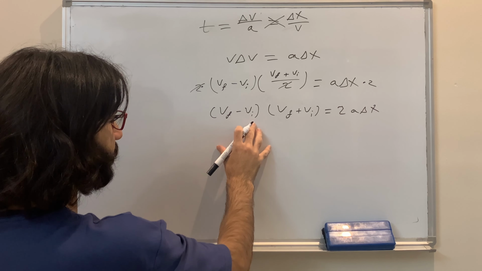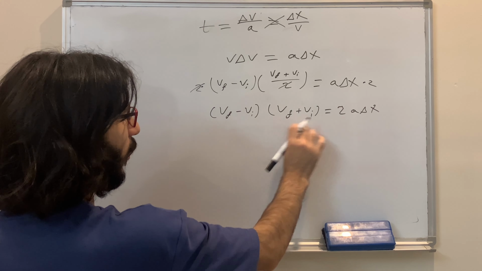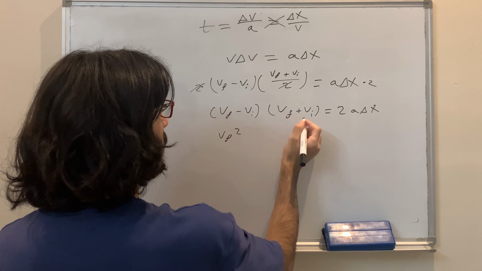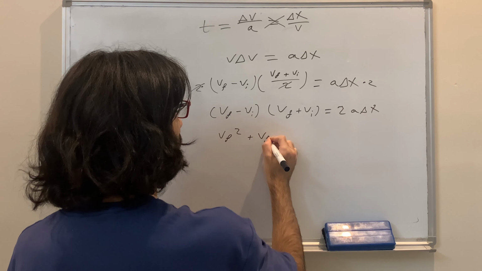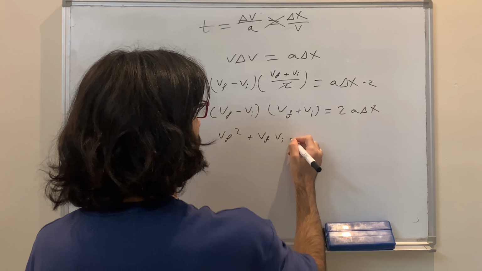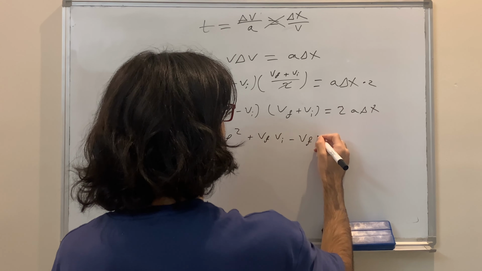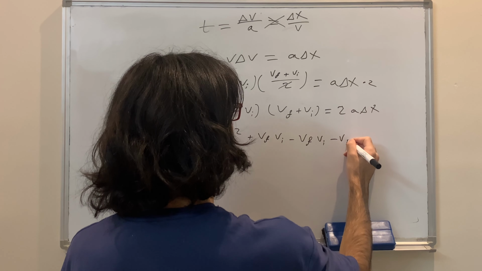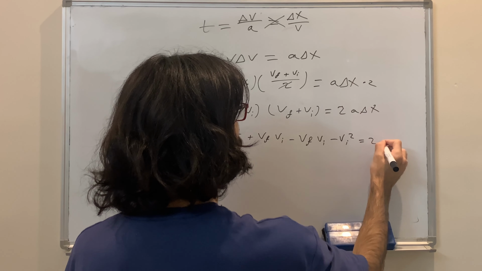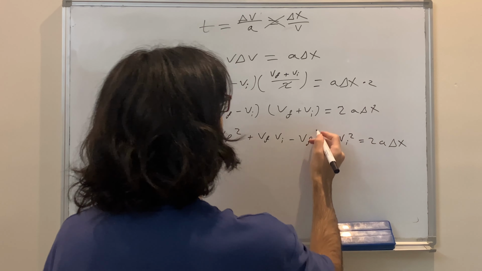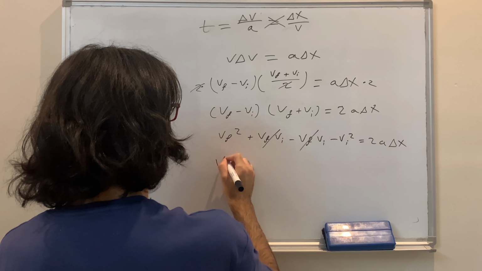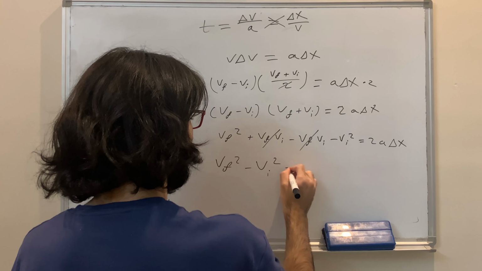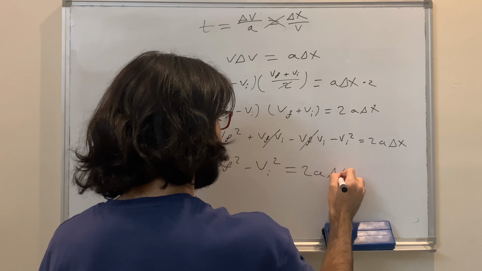And then you just use the FOIL method on this, which is going to give you v final squared, then plus v final times v initial minus v final times v initial, minus v initial squared equals 2a delta x. This and this cancel out, which gives you v final squared minus v initial squared equals 2a delta x.